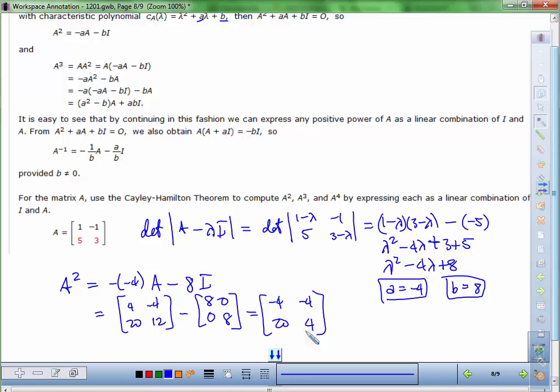We should verify this. If you do it by just matrix multiplication, 1, -1, 5, 3 times 1, -1, 5, 3. So first row times the first column, we've got 1, 1, -4.